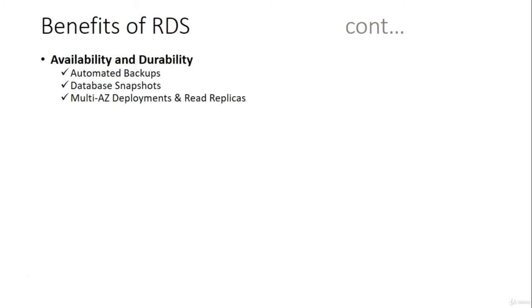Benefits of RDS continued. Availability and durability, that is automated backups, database snapshots, multi-availability zone deployments, and read replicas are built in with RDS. That is, it will be taken care of by RDS implicitly. So just a few clicks here and there and it's available for you. Security, encryption at rest and in transit.